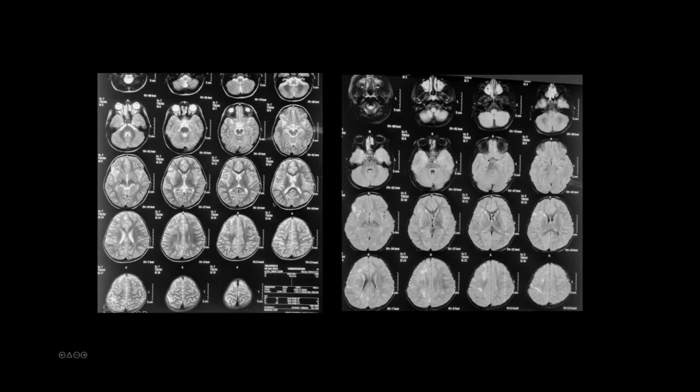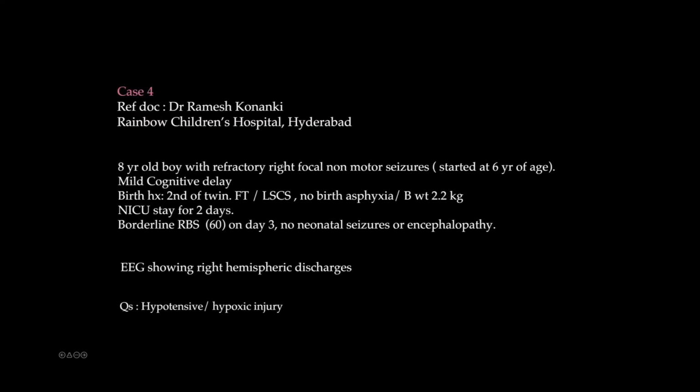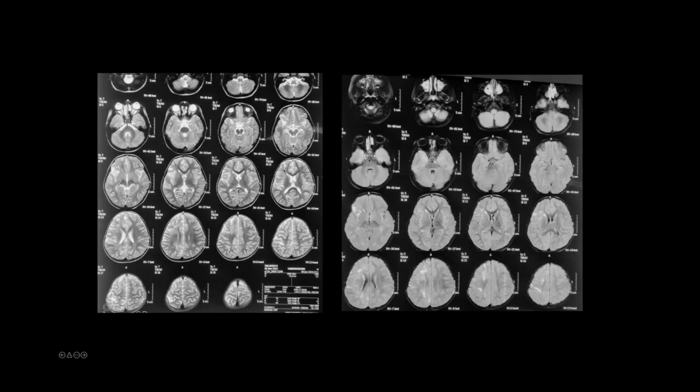There is some degree of asymmetrical prominence of the folia in the right frontal perisylvian region compared to the left, probably some asymmetrical atrophy of the right frontal and perisylvian region. In the posterior fossa, I could not appreciate any abnormal signal changes. The basal ganglia and thalami also did not demonstrate any significant abnormalities.